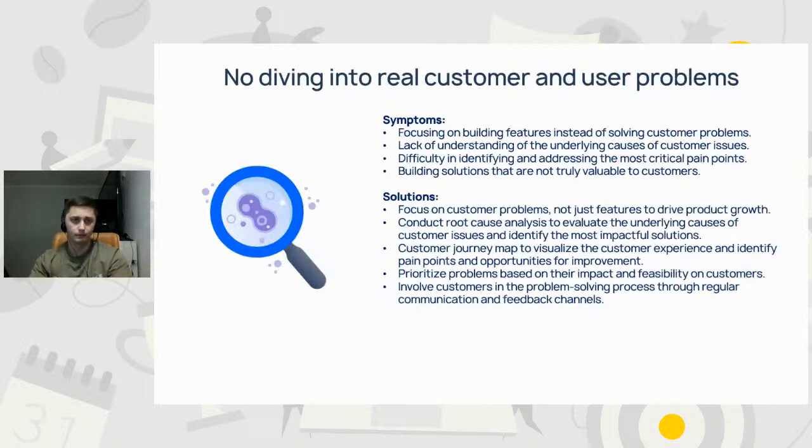The next problem is not diving into real customer and user problems. In some situations, you may see symptoms like building features instead of solving customer problems. This usually happens when the sales team brings potential features from their leads that they have been working with, or features that make deal closing impossible, something like that.